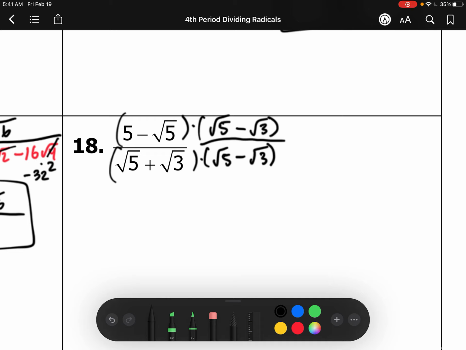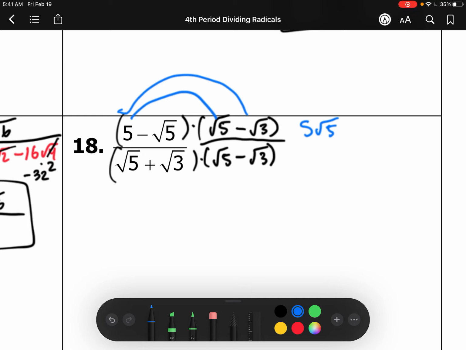All right, so again, we're going to distribute first, right? So let's start off with our numerator, and I'm going to do different colored pens in the numerator as well. So we have 5 times the square root of 5, which just becomes 5 times the square root of 5, right? Next, we have 5 times negative square root of 3.